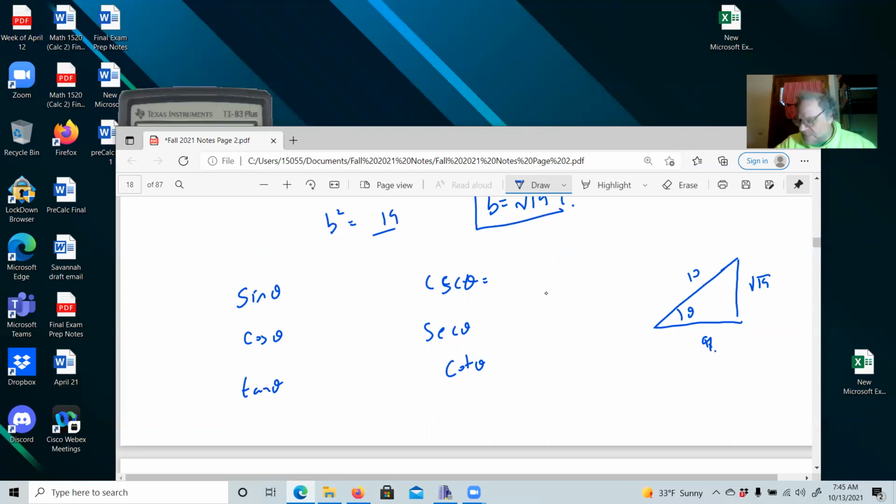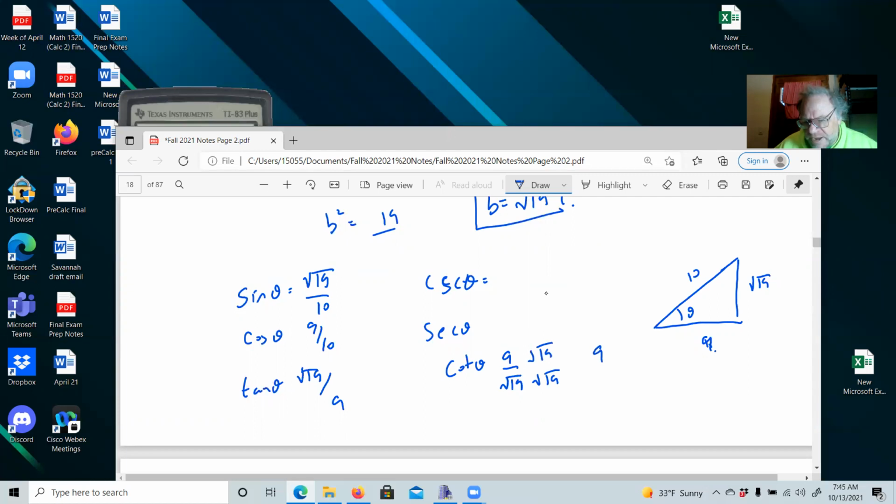So opposite over hypotenuse. This is the square root of 19 over 10. Adjacent, 9/10. Tangent, opposite over adjacent. Cotangent is the inverse, this is 9 over root 19. I'm sorry, I can't help myself here.